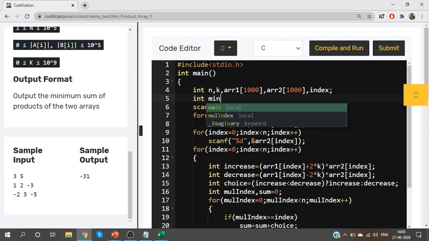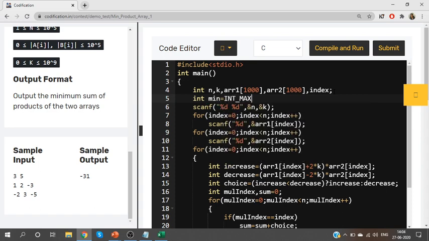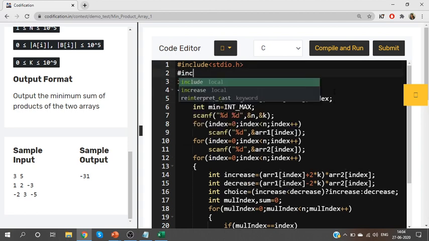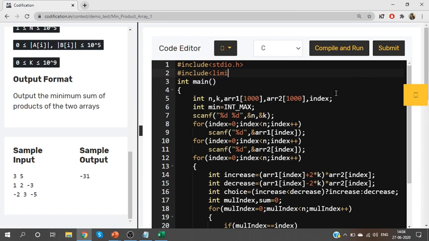So min is a variable initialized as int max. And where do we have this int max? We have it in limits.h. Guys, if you don't understand why we have this int max and limits.h, I'll explain it in the doubt clearing session if you want to. Okay. So the int max is nothing but highest value that can be stored by an integer.